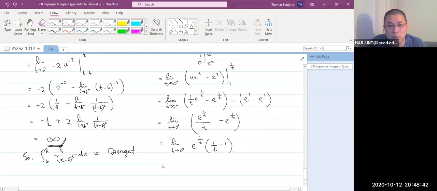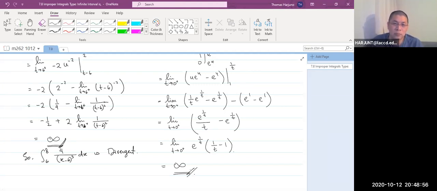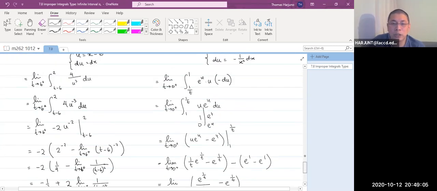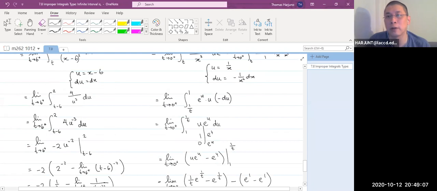So this will be, oops, that's actually divergent to infinity. Notice that it is not true if t is approaching 0 from the left-hand side.